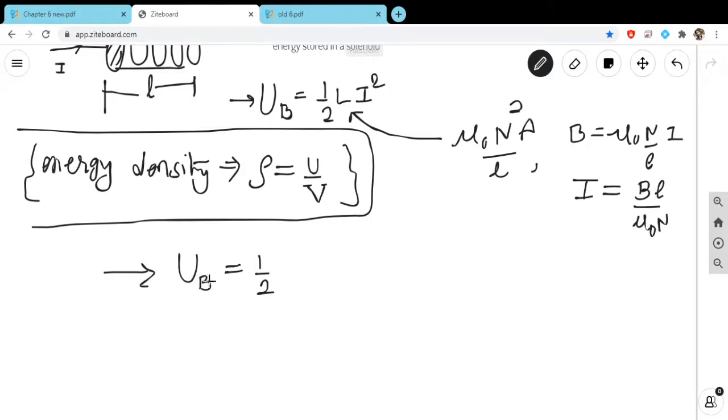UB, energy stored in the solenoid, that is half L I squared.